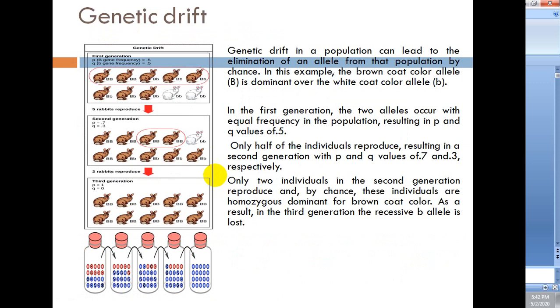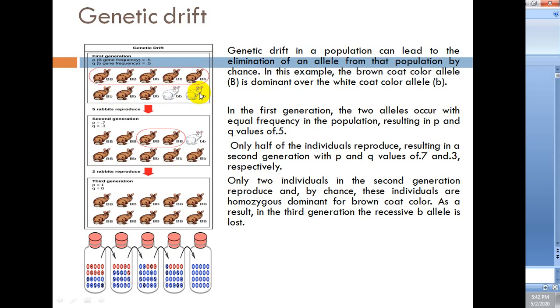Through the process of genetic drift, one allele can be eliminated from the population. For example, you can see in the first generation of these rabbits, there are 10 rabbits, and the coat color is brown and white.